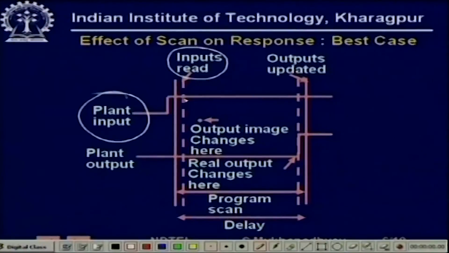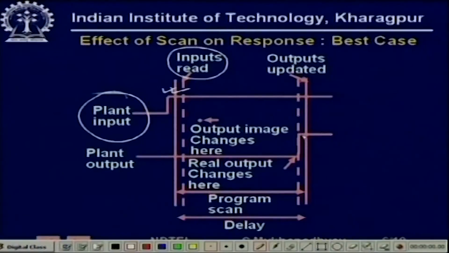Then while the program is executed, in computing the output value, the latest change of the input value will be accounted for. So possibly due to this input change, at the end of the execution there will be an output change.